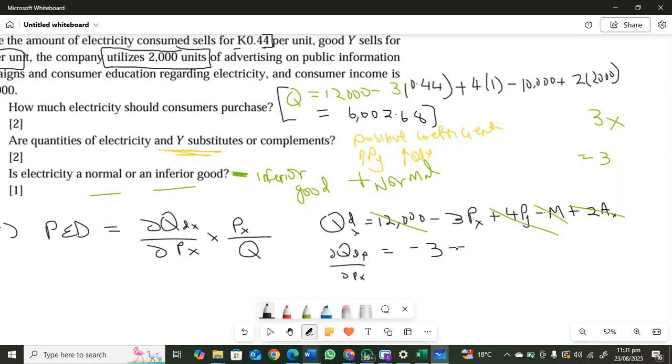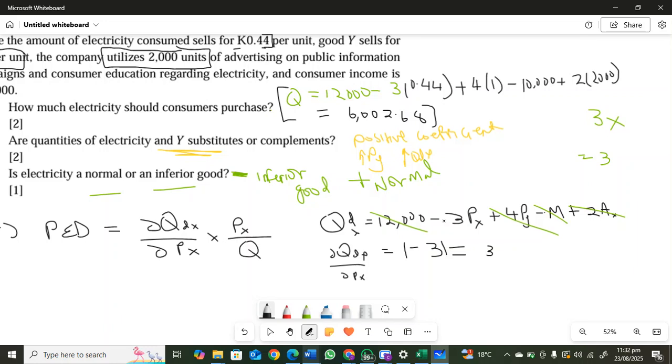Okay, then you get the absolute value, meaning you ignore the negative sign. This is because, due to the law of demand, Px is always going to have a negative coefficient.